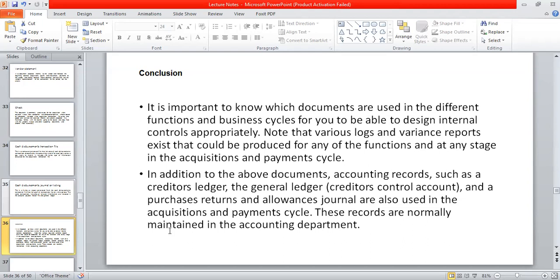So the accounting department is central in this process, since it records and stores most of these documents. It is the keeper of the records for most companies. So this is with regard to the manual documents which are used in the acquisition and payment cycle.